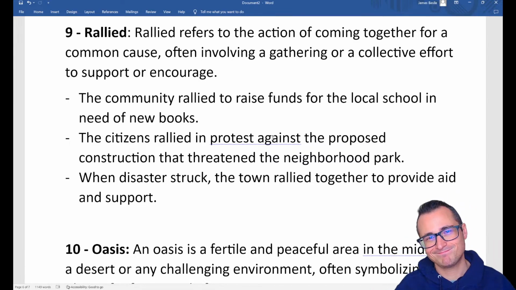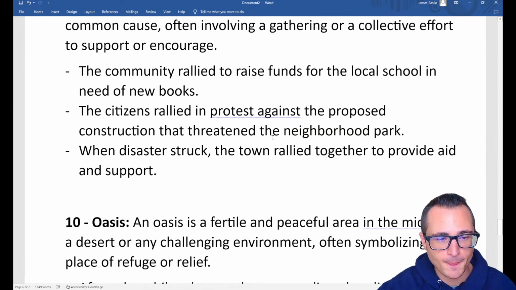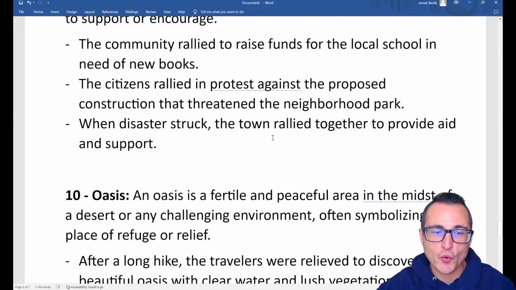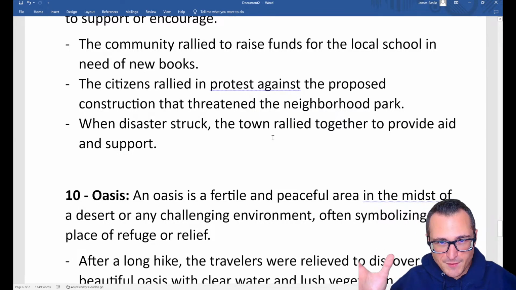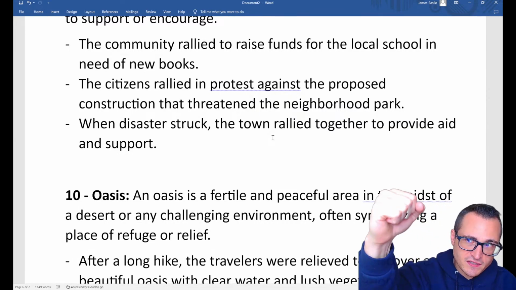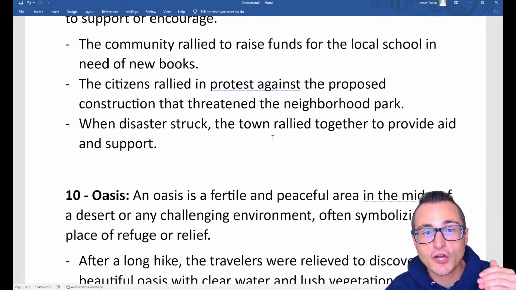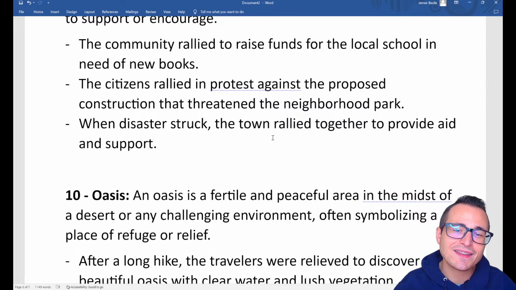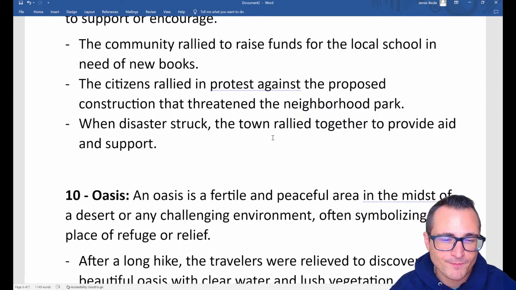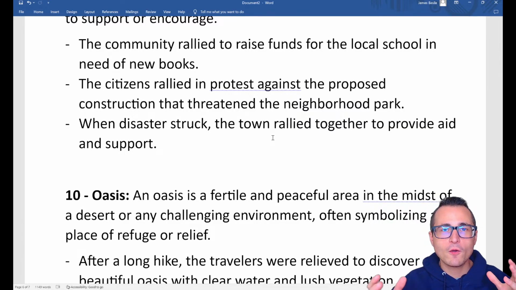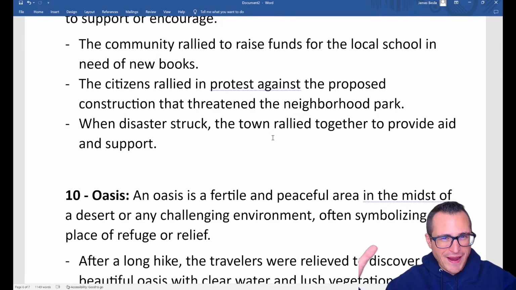Next sentence. The citizens rallied, they came together in protest against the proposed construction that threatened the neighborhood park. Okay? So, why did the citizens rally?